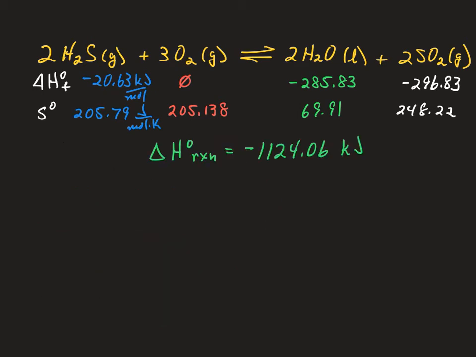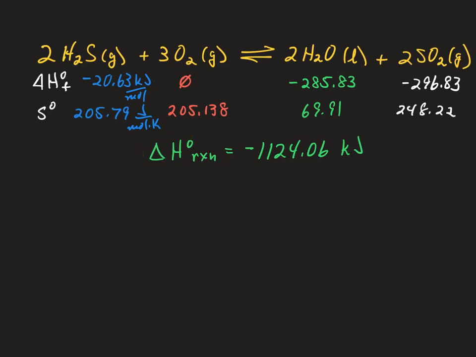Just like we could use Hess's law on enthalpy, we can also use the Hess's law principle on entropy. Entropy is also a state function, and so it follows those same state function rules.